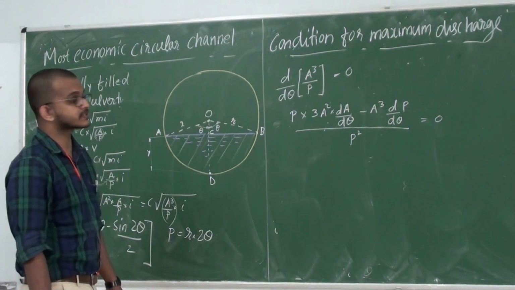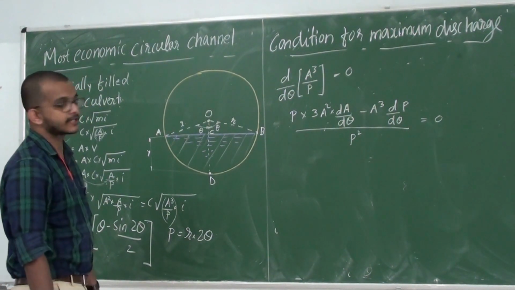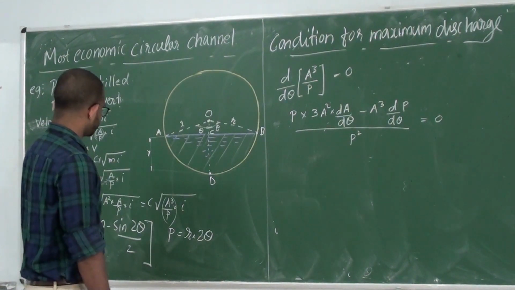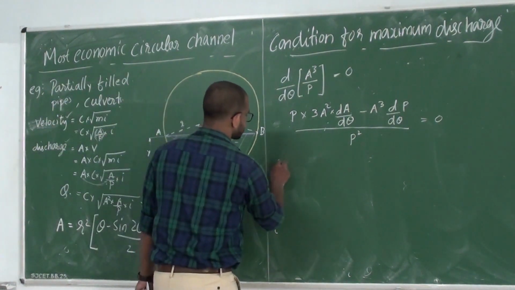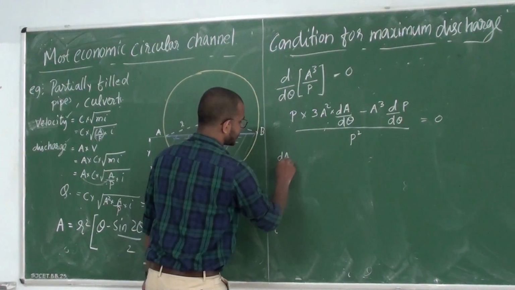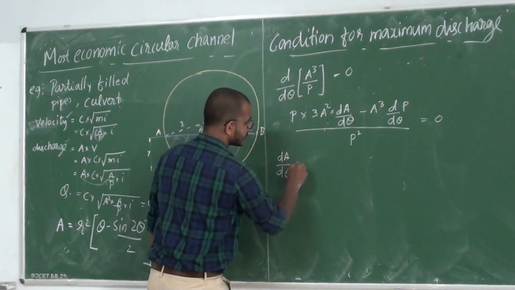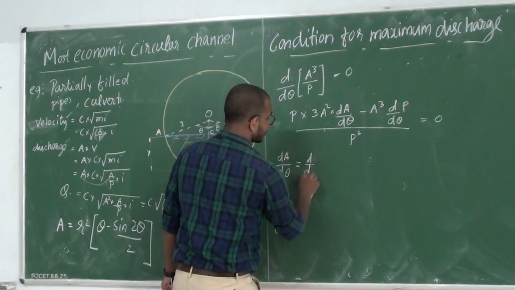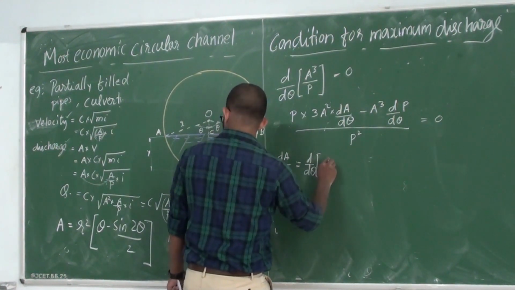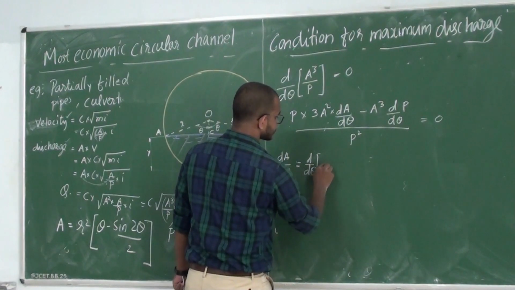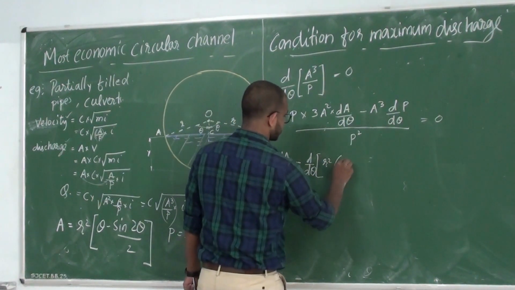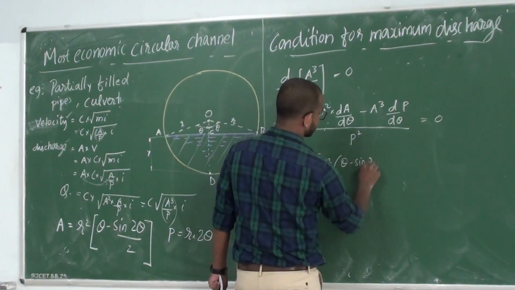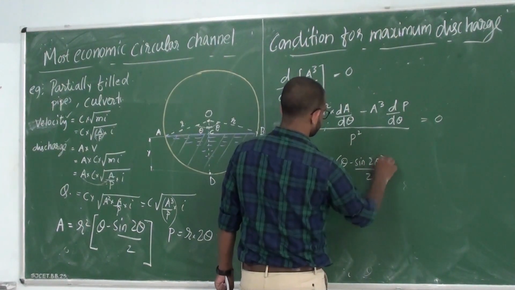Now in this equation, substitute dA by d theta and dP by d theta. So dA by d theta is equal to d by d theta of r square into theta minus sin 2 theta by 2.